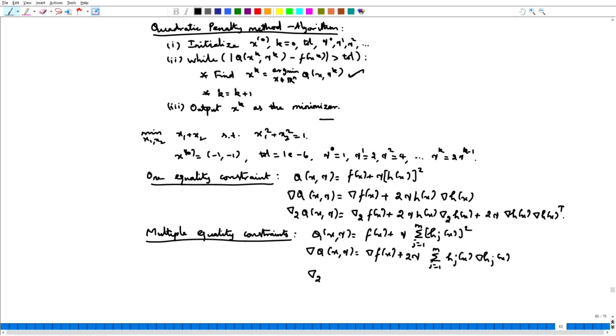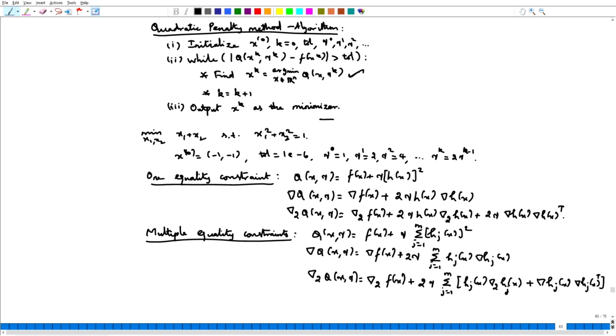The Hessian is the Hessian of f of x plus 2 gamma summation of h j of x into the Hessian of h j of x plus the gradient of h j of x into the gradient of h j of x transpose, the summation running from j equal to 1 to m.